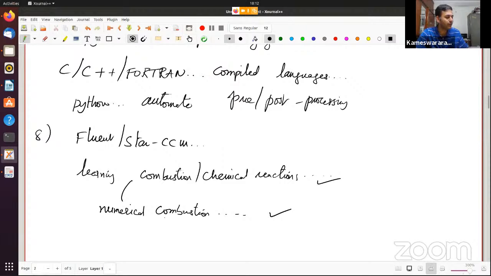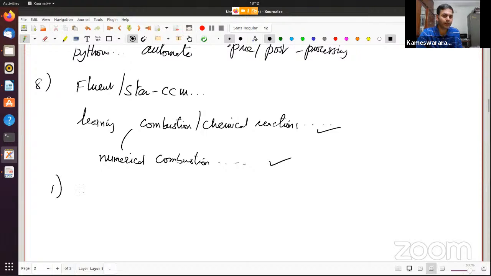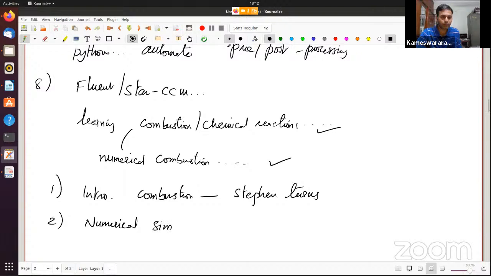I have collected a few books which I can write down for you. You can probably look at Introduction to Combustion by Stephen Turns. That's basically more about combustion itself. And if you want a numerical book, you can look at Numerical Simulation of Reacting Flow by Oran and Boris.